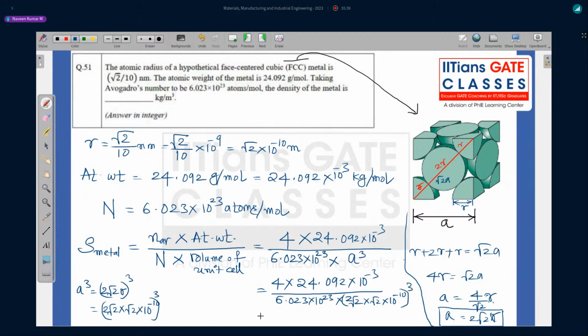Calculation has to be done very perfectly. If you do the calculation, you will get approximately 3013.64, right?